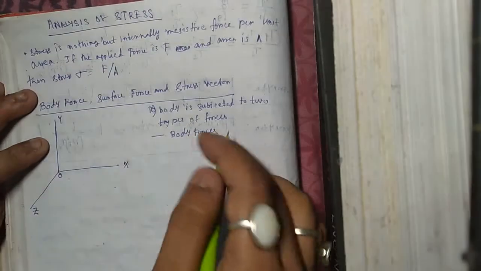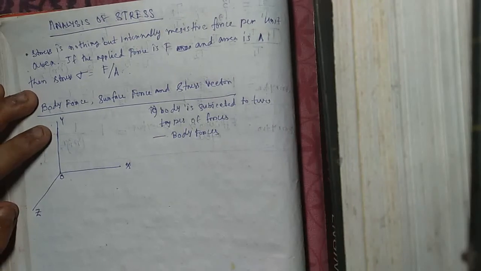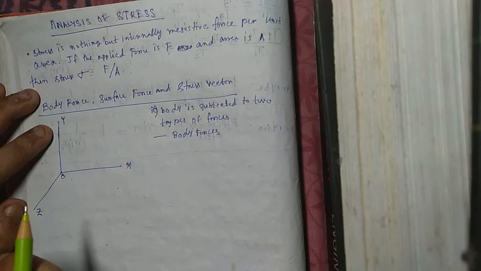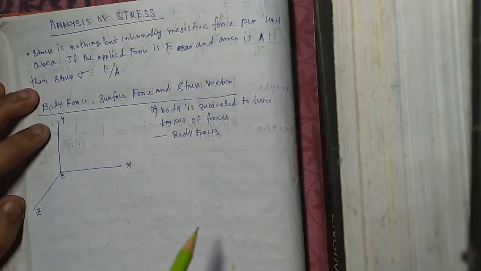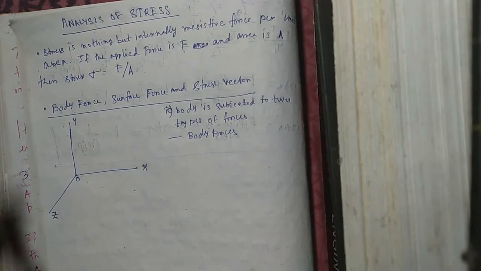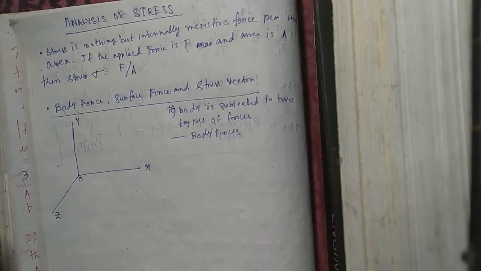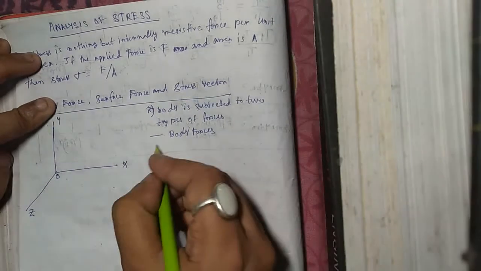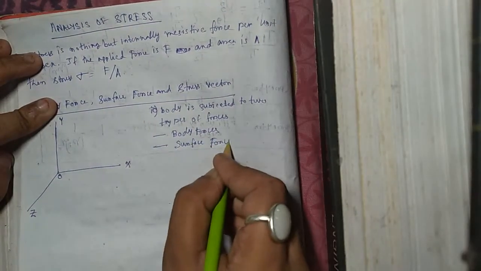So I repeat, the body forces, the gravitational force, the inertia force, and magnetic force, act on each and every volume of the body, and the surface forces act on the surface or area only.